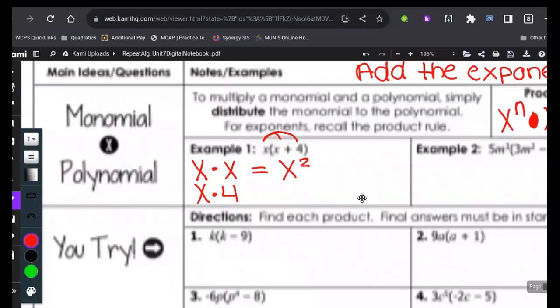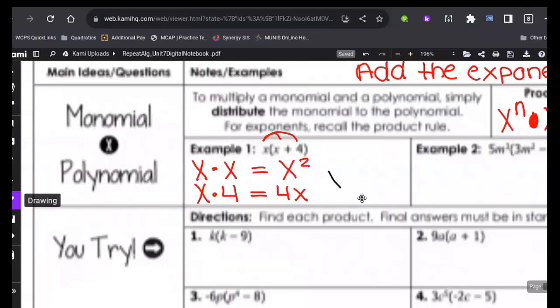There's two x's, so that becomes x to the second power. And then x times 4 becomes 4x. So then we can write out our terms as our final answer. So we have our first term, which was x squared, plus our second term, which is 4x. So we multiply the coefficients and then add the exponents.